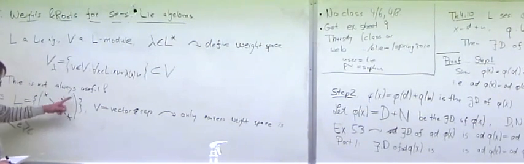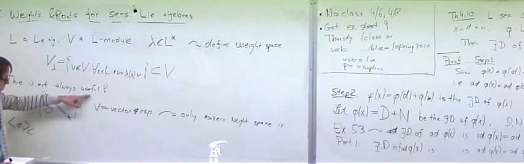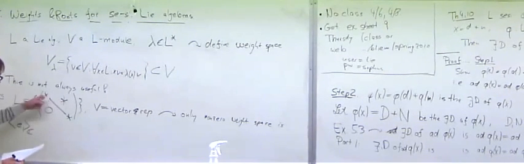Why? If I take a vector which has only the first component non-zero and I do matrix vector multiplication, then I just get a multiple of the same vector.